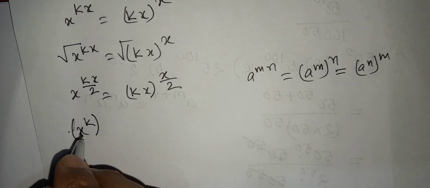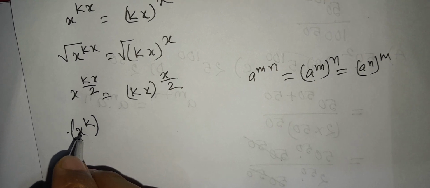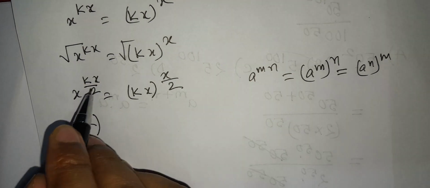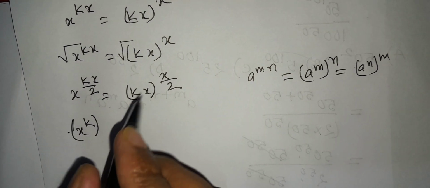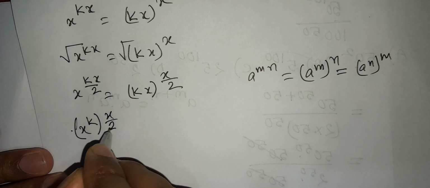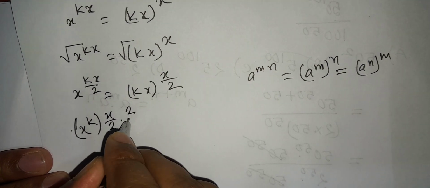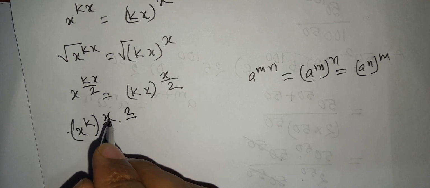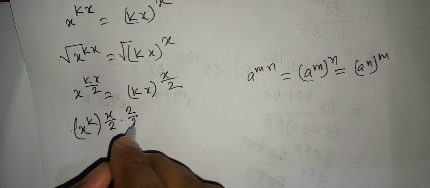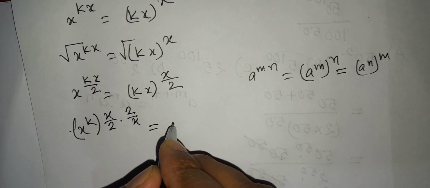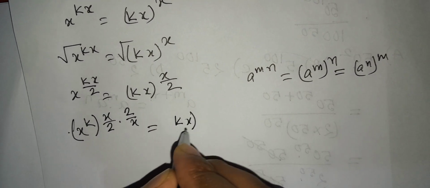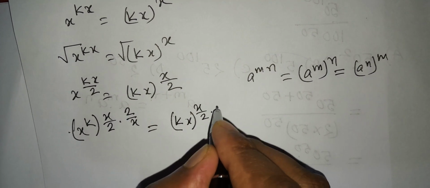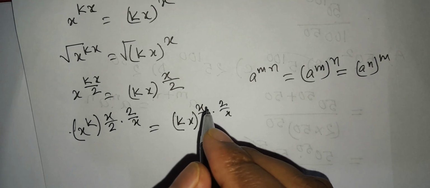and here we can write x by 2 and 2 by x equal to kx all to the power x by 2 and 2 by x.